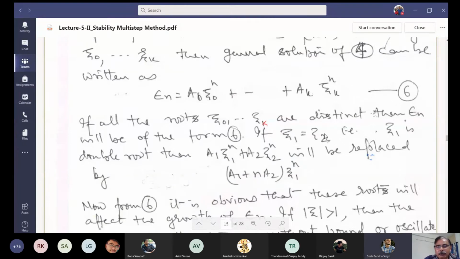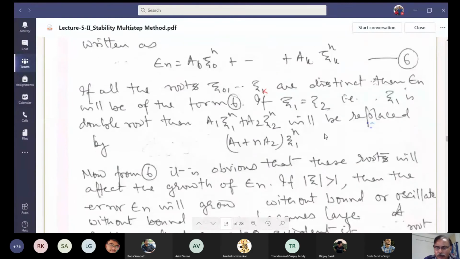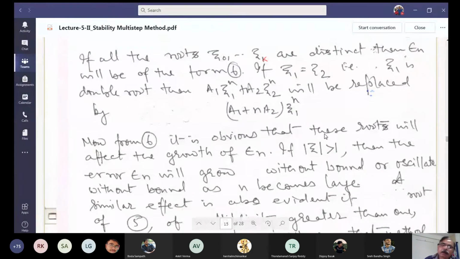Right. Possibly this is not given in your book. This I have taken from another book. I don't remember whether it is there or not. It is very obvious that if the magnitude of xi is greater than 1, the roots are outside the unit circle, and the error will blow up immediately.